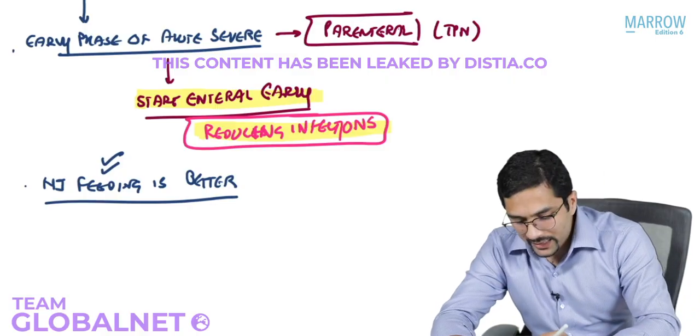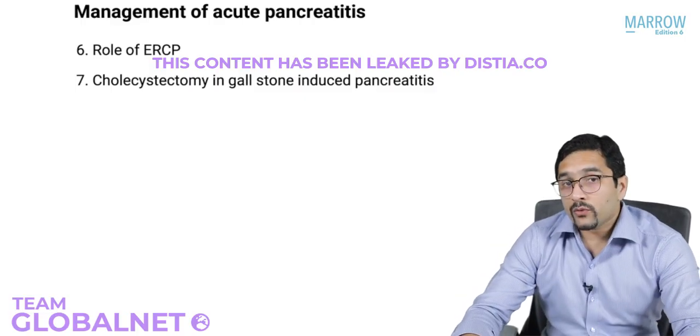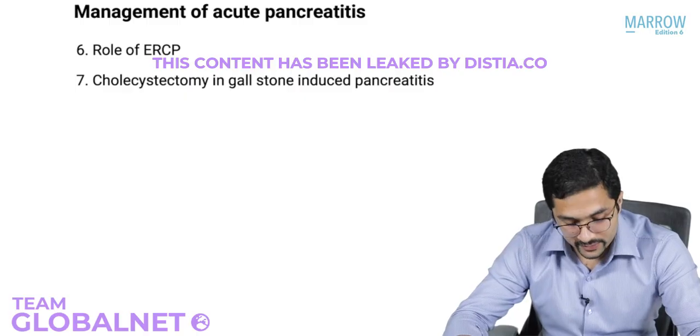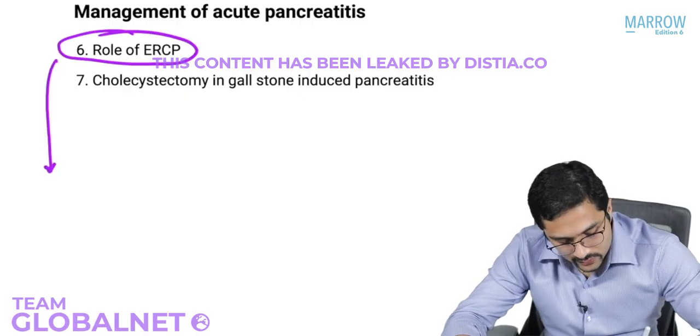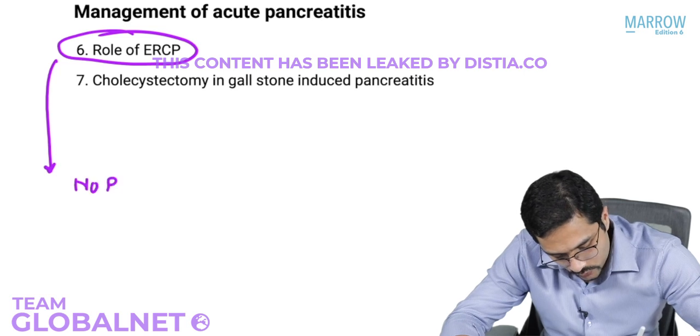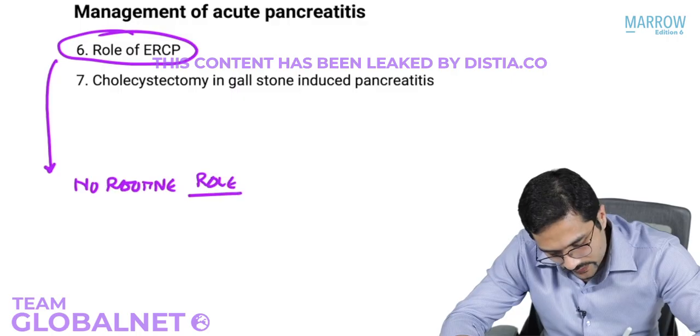2 more points in management. One, what is the role of ERCP and what is the role of cholecystectomy in gallstone-induced pancreatitis? So the role of ERCP, there is no routine use of ERCP. No routine role of ERCP is there.